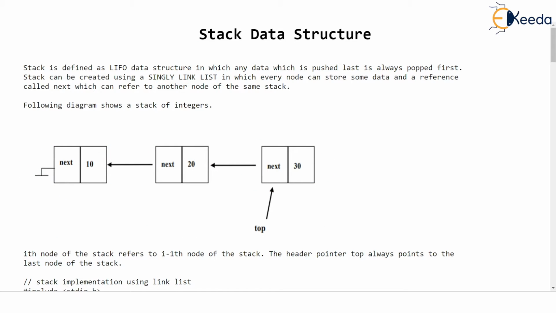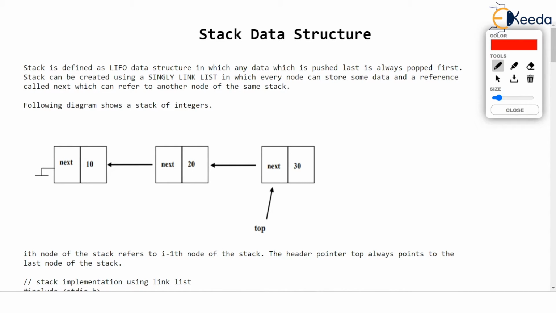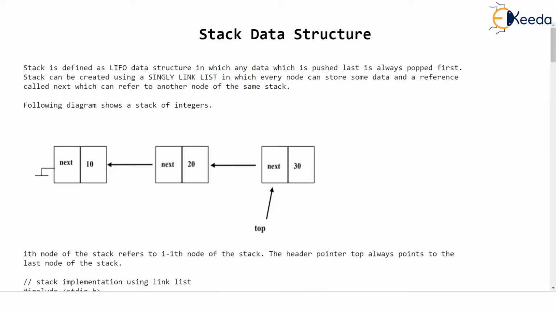The diagram that you are watching, if you are asked one fine day what this diagram is, you will say, come on, this is a singly linked list. But further, you can improve if you say that this is also a stack. Agreed, it is a singly linked list, but it is also a stack.